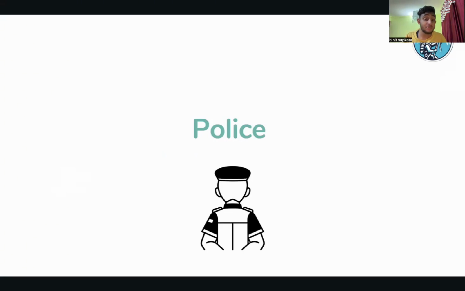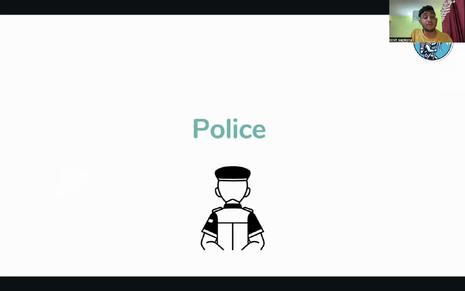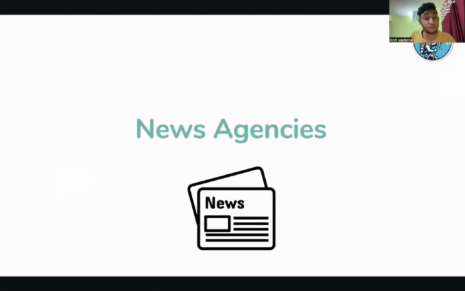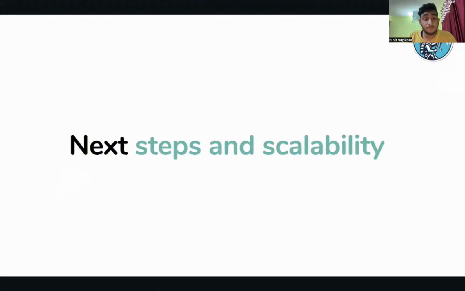The second user could be the police, and the third could be news agencies. For the police and the news agencies, we are thinking of developing a more advanced AI model or classifier with more premium features, for which we can charge some money. And then there is social media, as I discussed.